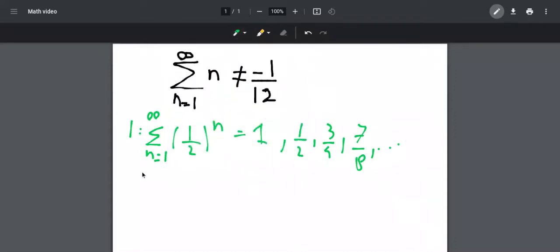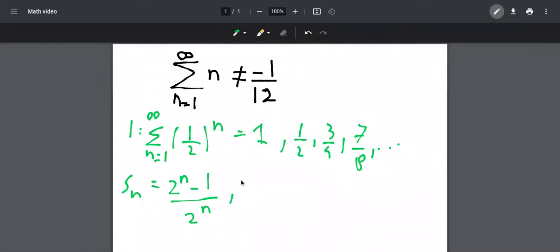If I write it as S sub n, in this case you can write it as 2 to the power of n minus 1, over just 2 to the power of n. If we put n equals 1, we get 1 over 2. If we put 2, we get 3 over 4, and for 3, we get 7 over 8.